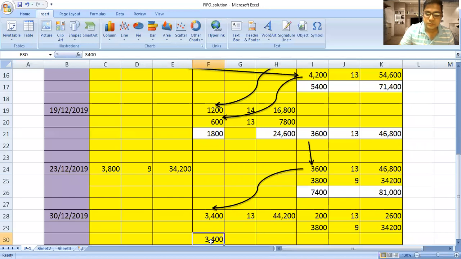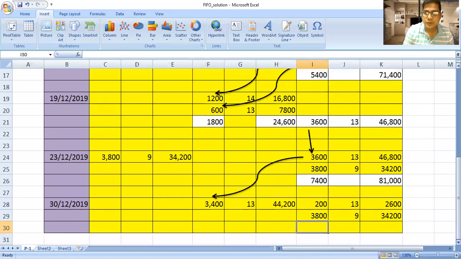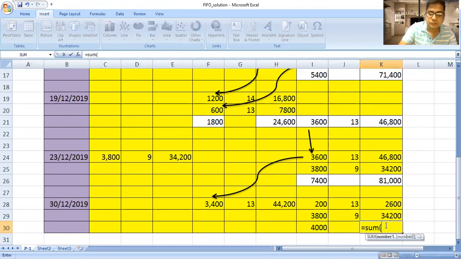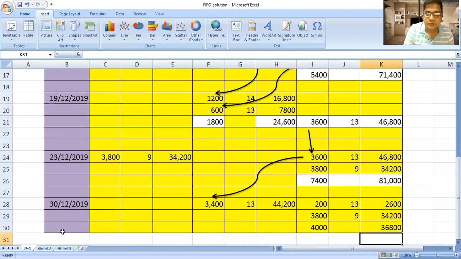So see friends, this balance available is 200 plus 3,800, which means 4,000 units, and 2,600 plus 34,200, the total value is 36,800.